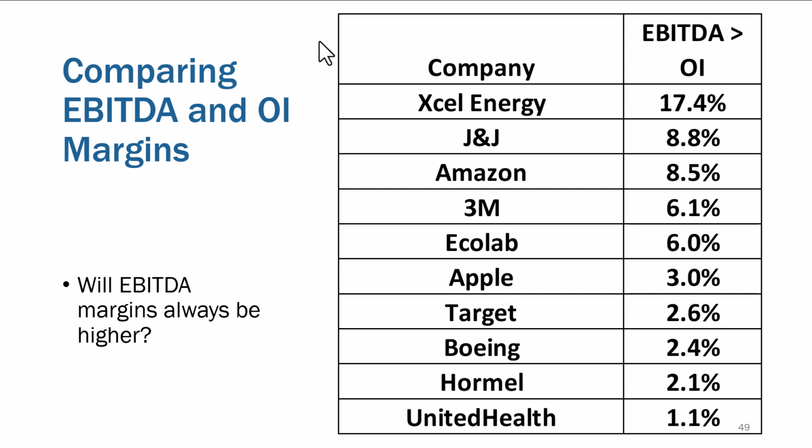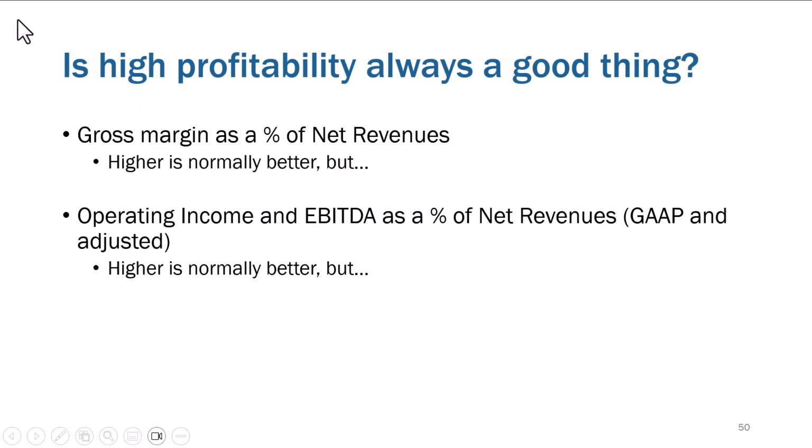Things like United Health Group and Hormel at the bottom don't have a lot of depreciation or amortization. Up top, you see 3M and Ecolab, more capital intensive companies with a lot of depreciation. So that's a little comparison between EBITDA and operating income margins.